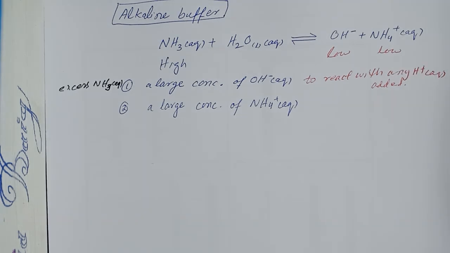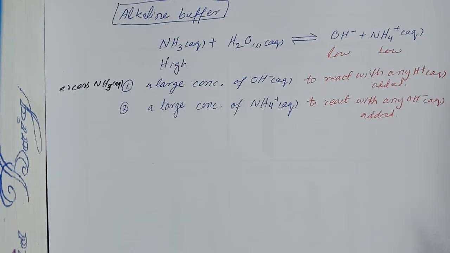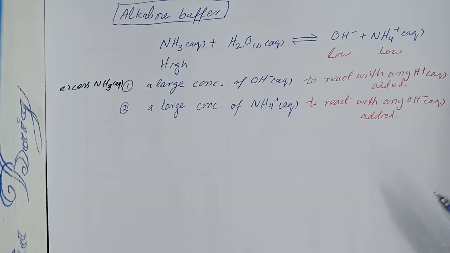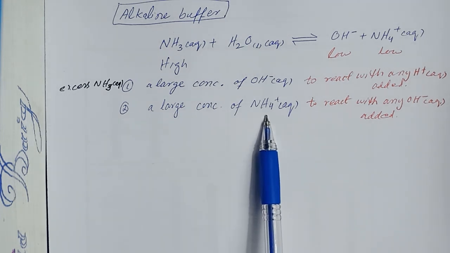For this purpose we need excess of ammonia that is undissociated. And for this basic buffer solution, when an alkaline source is added that will generate excess of hydroxyl ion, these excess hydroxyl ions must be neutralized by the conjugate acid of ammonia, that is ammonium ion.